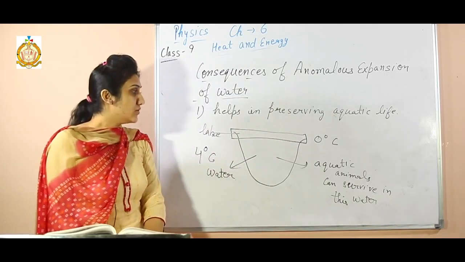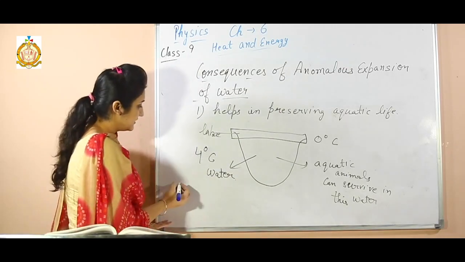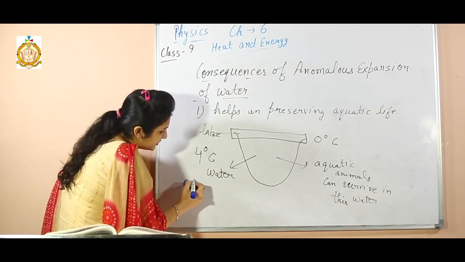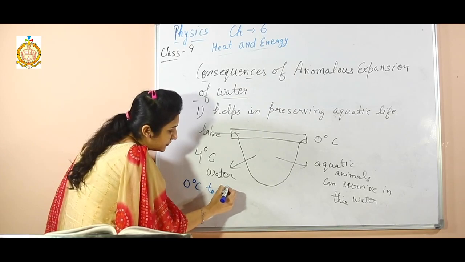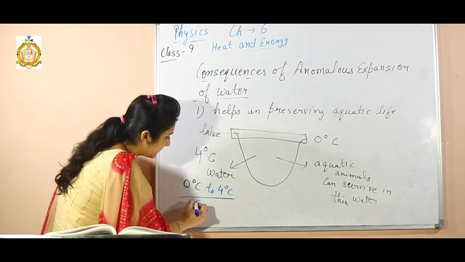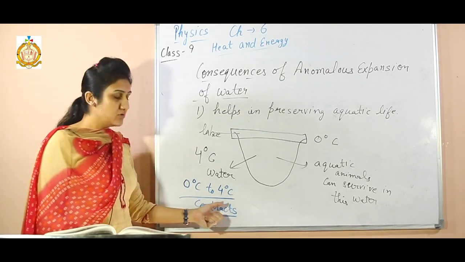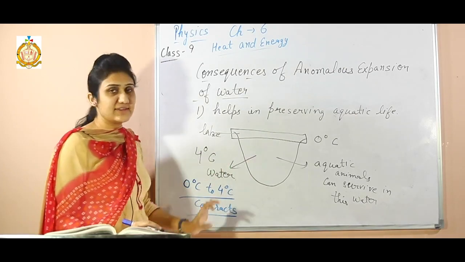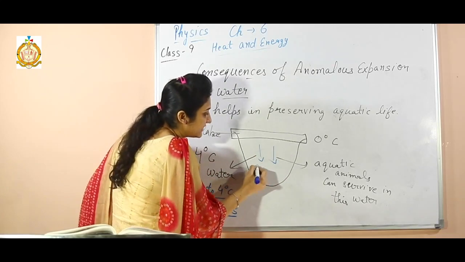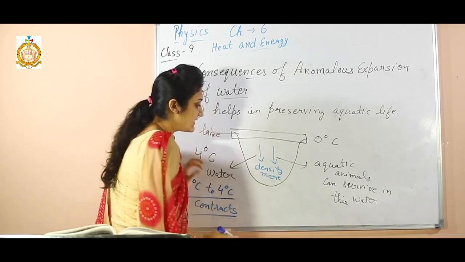Because due to anomalous expansion of water, the water contracts when it is heated from 0 degrees Celsius to 4 degrees Celsius. So here the density of water is more, so the water will sink here with more density.